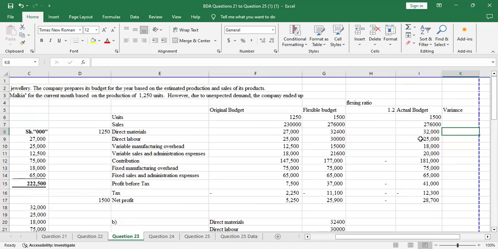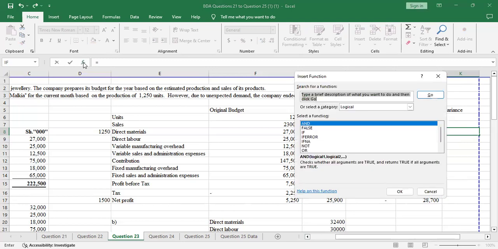So we'll use the IF analysis, a logical function. Here, you are not to just say favorable or adverse. No, you have to prove it through a logical function. So this is what I'm going to do. I'll say equals, then I'll go to where the functions are, look at the category, pick logical, then IF.